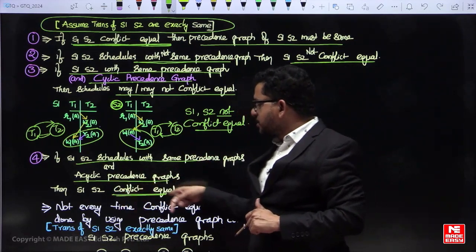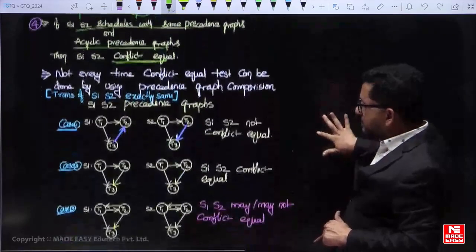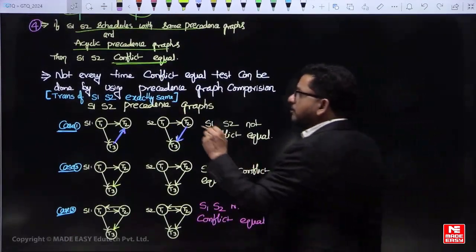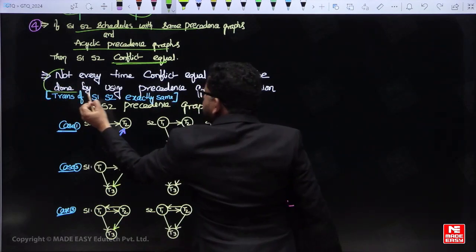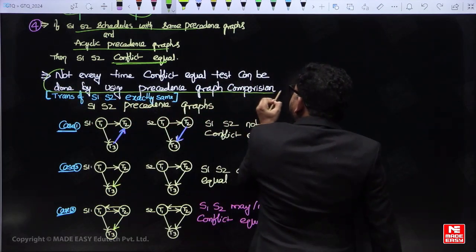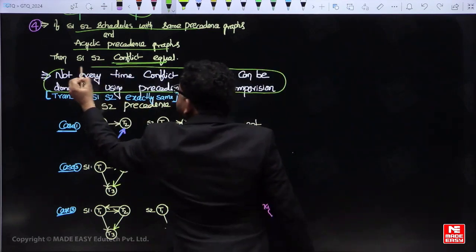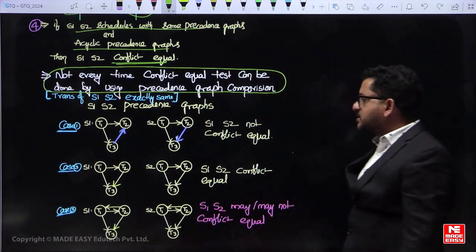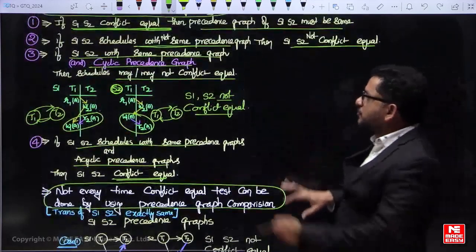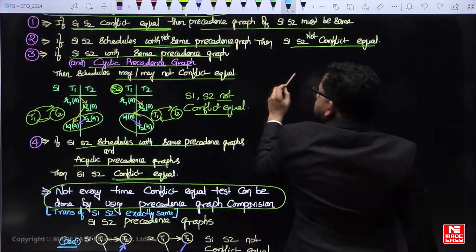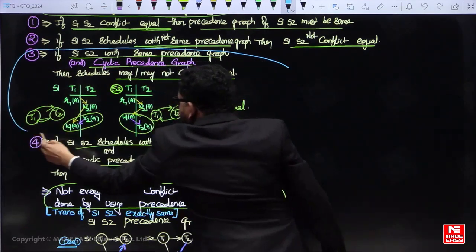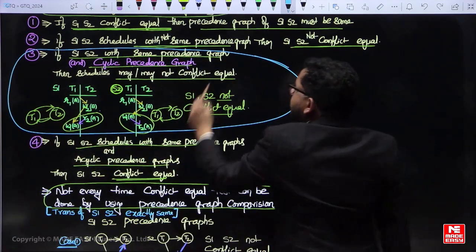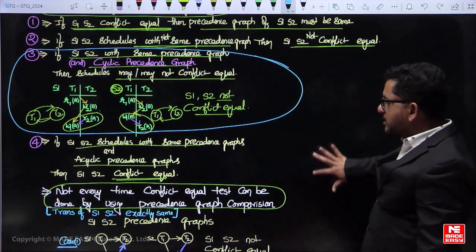This statement simply says that not every time can we test conflict equality using the precedence graph. The failure case is this one. Even if the precedence graph is the same, sometimes conflict equality can fail.